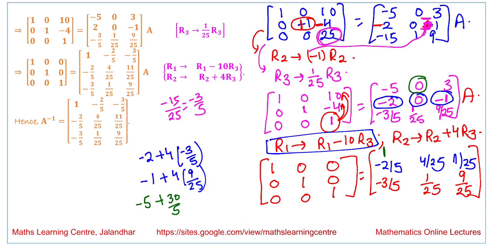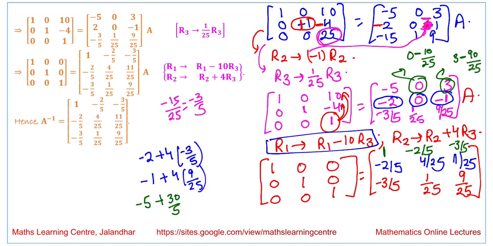Next, this element will become 0 minus 10 by 25, so it is minus 2 by 5, and this element will become 3 minus 90 by 25, and the answer will become minus 3 by 5.